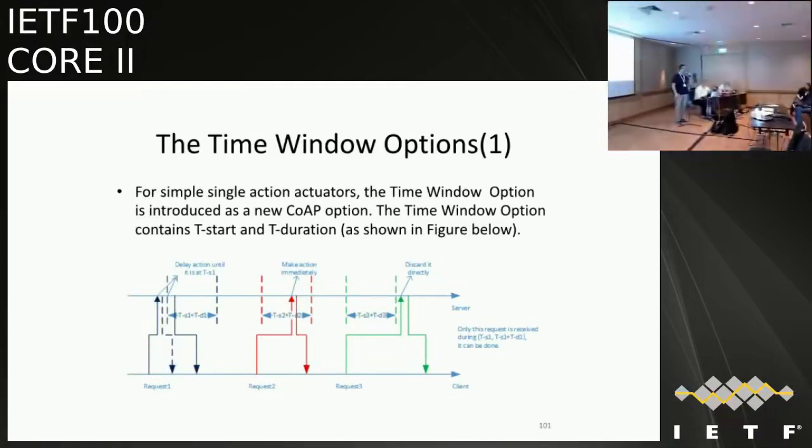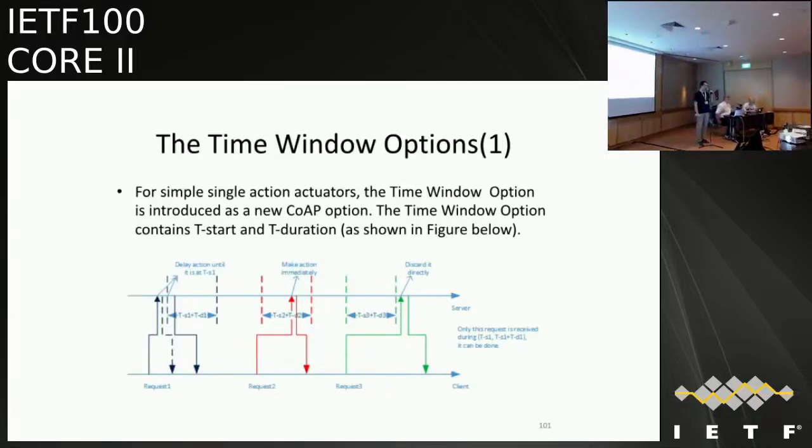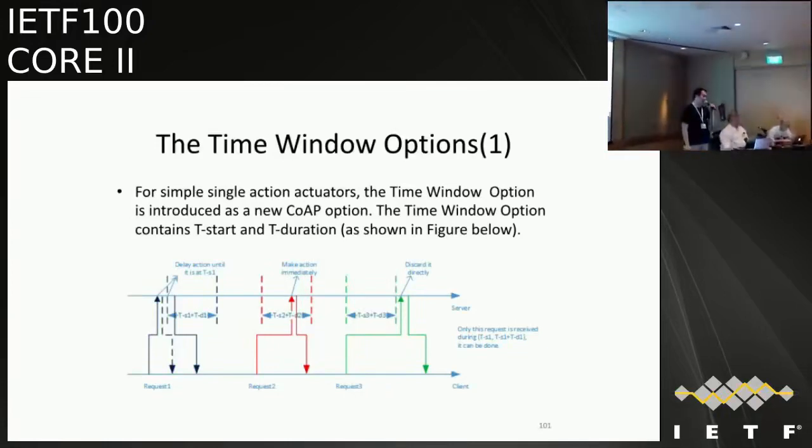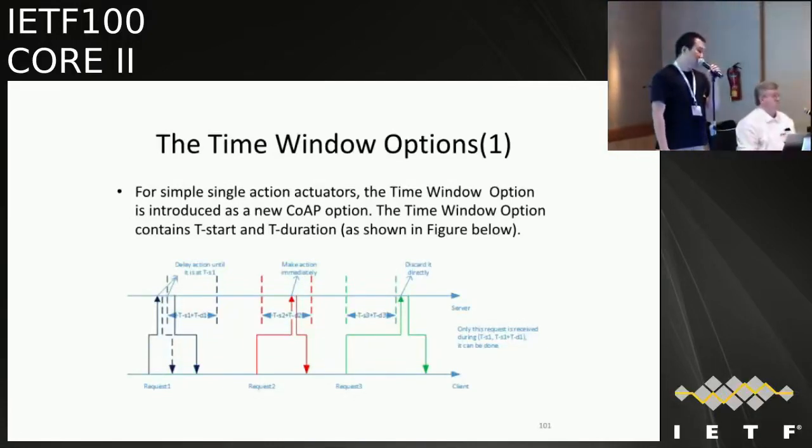The way is that the client sends the valid time window in the message to the server, which contains a start time and time duration. If the message is received before the valid time window, then this action would be put in the queue, and when the time window arrives, this action will be done.